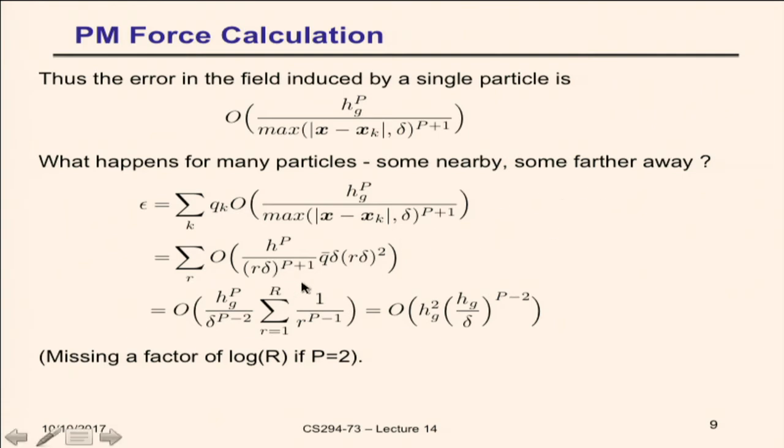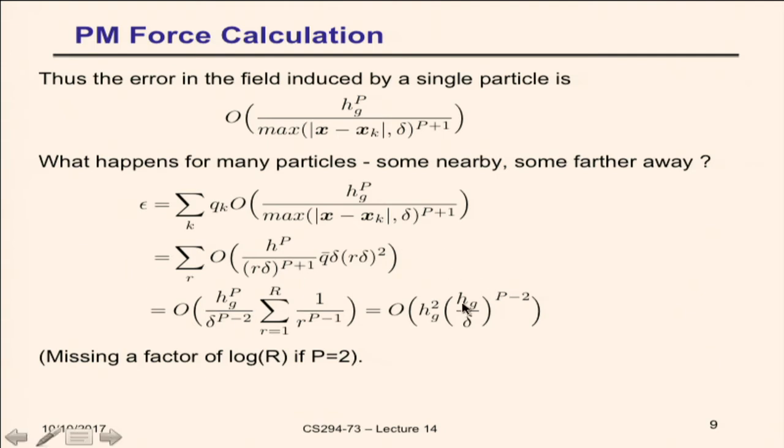But if p is greater than 2, I get an interesting thing which tells you something about the trade-offs you can make. It looks like order of h_g squared times (h_g over delta) to the p minus 2. So h_g squared says, okay, if I make the grid finer, I improve the accuracy of my particle mesh calculation.